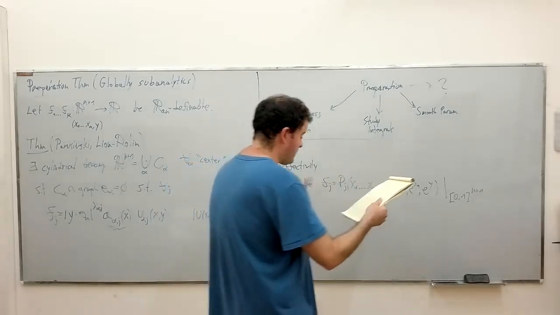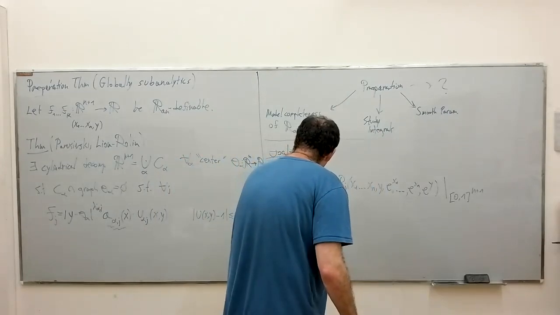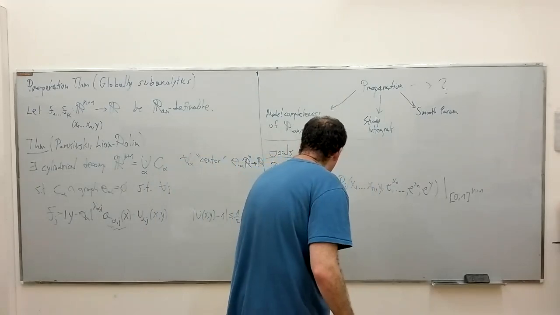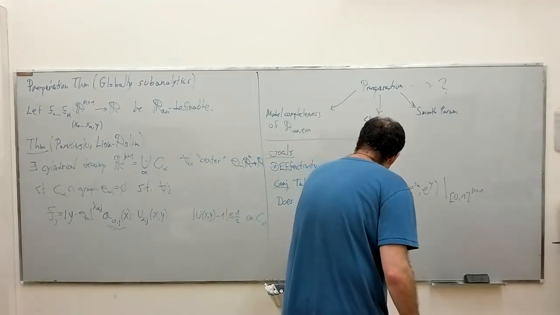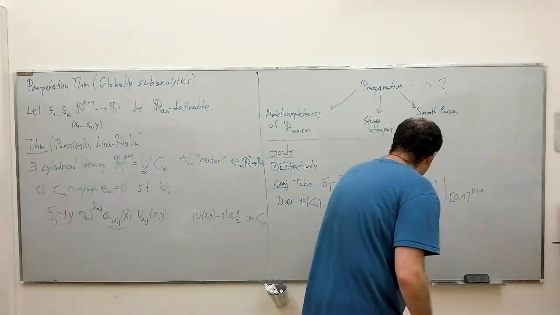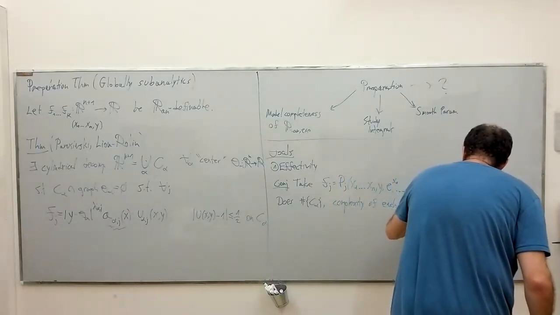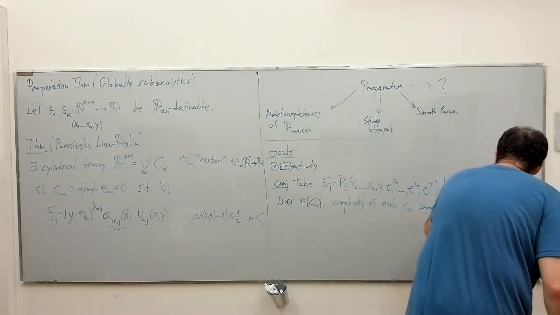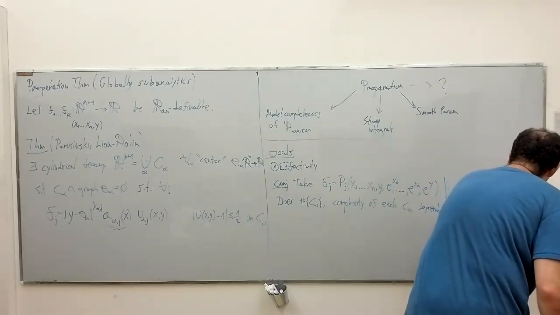And then I'm asking, if you apply the theorem, does the number of these C_alphas and the complexity of each C_alpha depend polynomially on the maximum of the degrees of these polynomials?